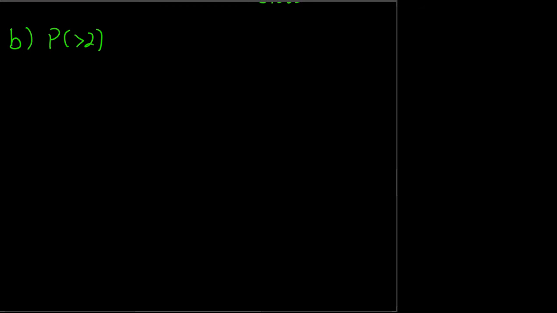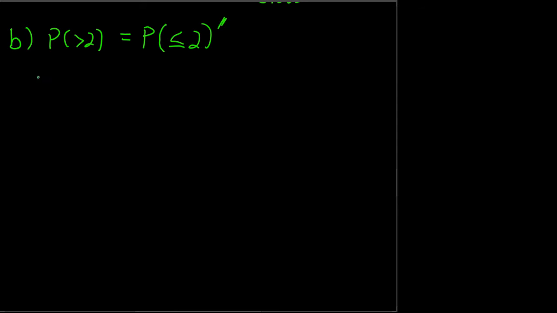Well, what I could do is add up all the probabilities of 3, 4, 5, 6, 7, 8, 9, and 10. Well, that's a lot of probabilities to calculate. It's better to use the complement of 2 or less. So the probability of greater than 2 is the complement of less than or equal to 2.